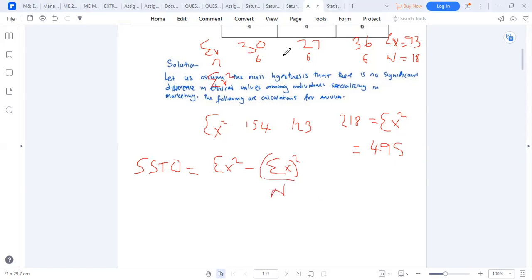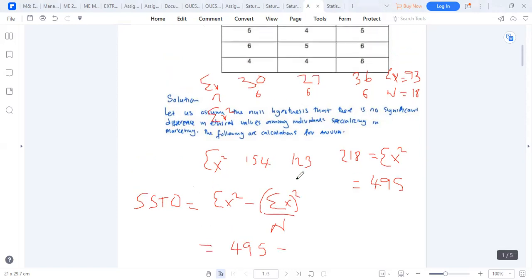Okay, so we're going to calculate the sum of square total. That is sum of x squared minus sum of x all squared over n. So here we're going to have 93 squared divided by 18.